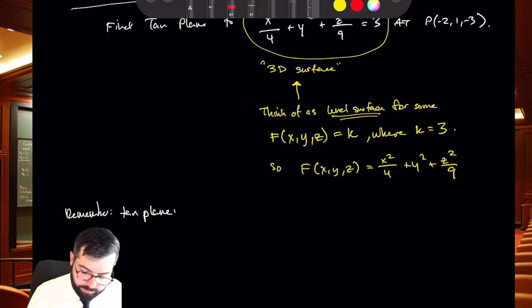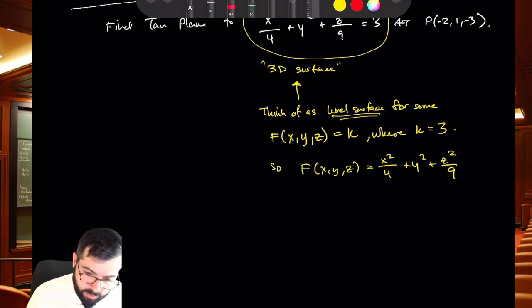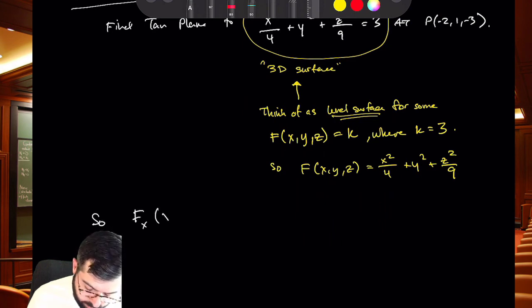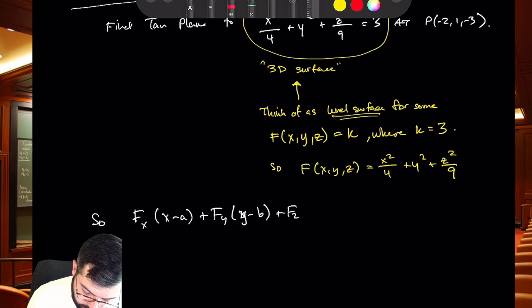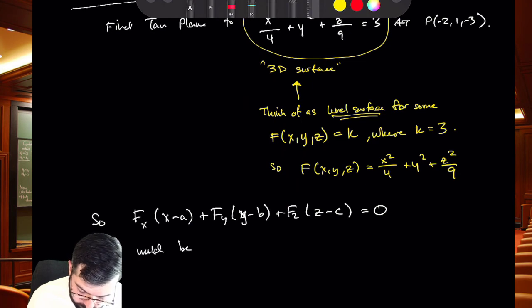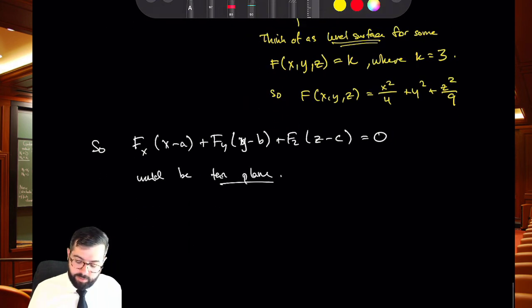We don't need to jot that down. So this would be the tangent plane.